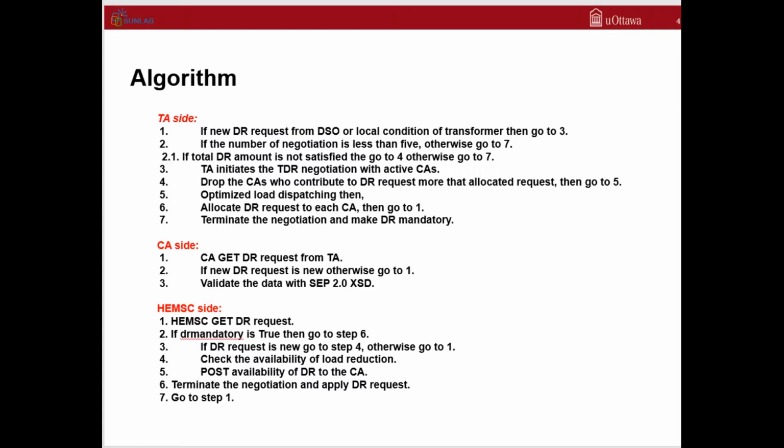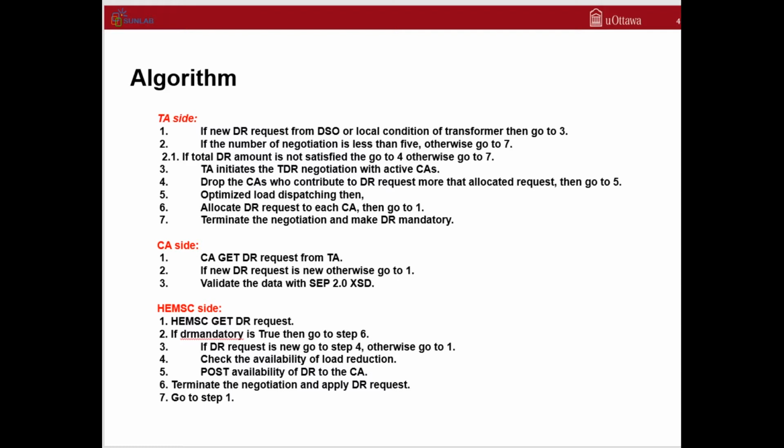If by rescheduling the load or using the PV or battery we are able to reduce the load, then it posts DR availability to the CA and says, okay, this amount of energy is available to contribute. Otherwise, it says I can drop some loads.